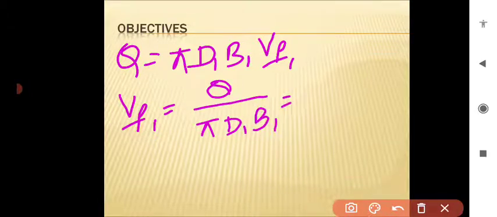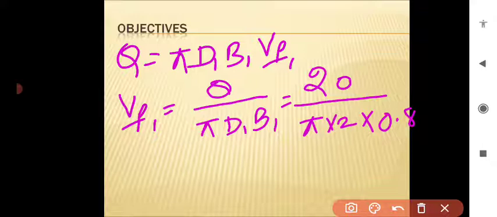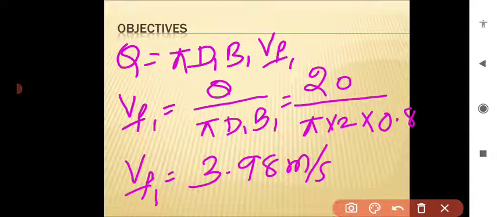Substitute all the values in this equation: 20 by pi into 2 into 0.8. If you calculate it, you will get Vf1 is equal to 3.98 meter per second. This is the answer of flow velocity at inlet.